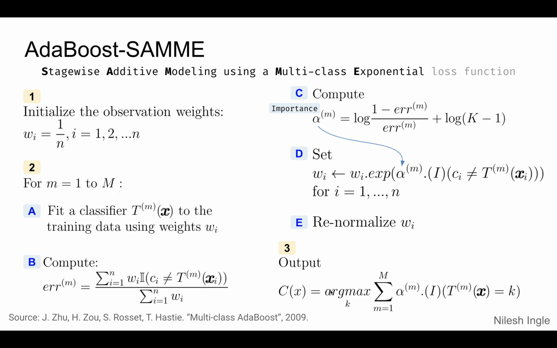And so here we have C of x is argmax sigma of alpha m, and that's the alpha we have from up here, which is the importance.